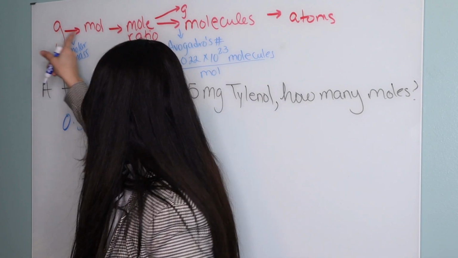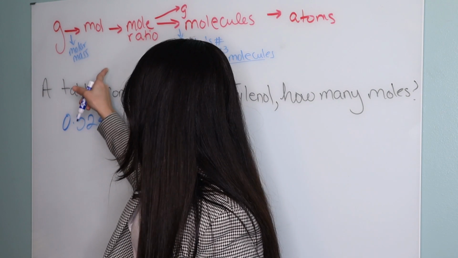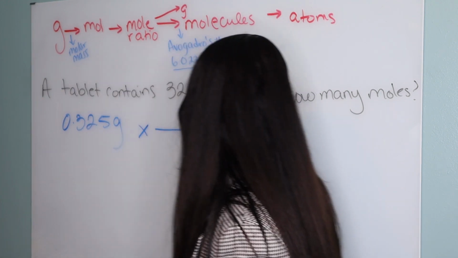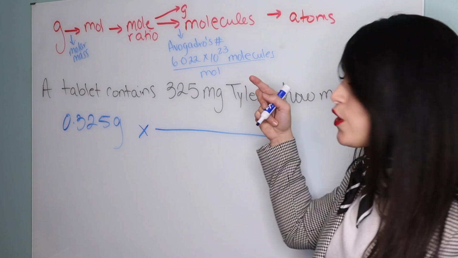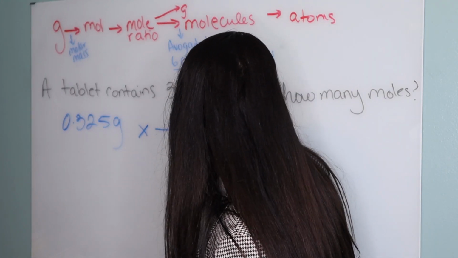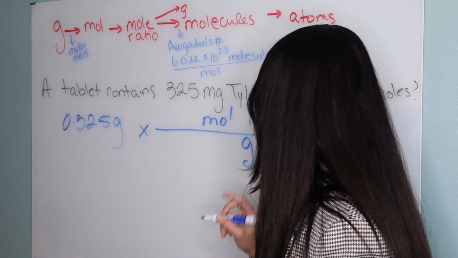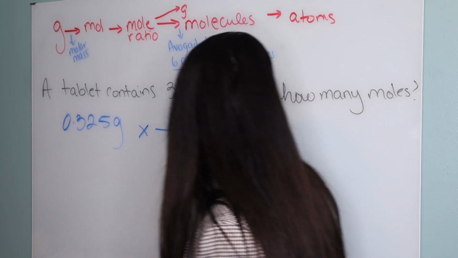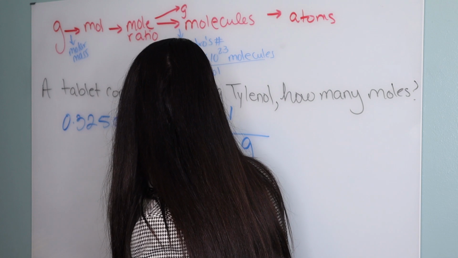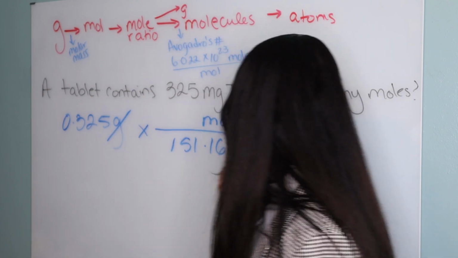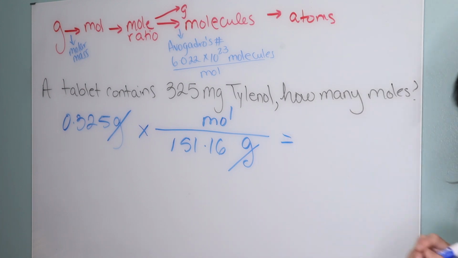So we have to use the molar mass. What I want is going to go at the top. What I want to get rid of is going to go at the bottom. And the molar mass that we found earlier was 151.16.